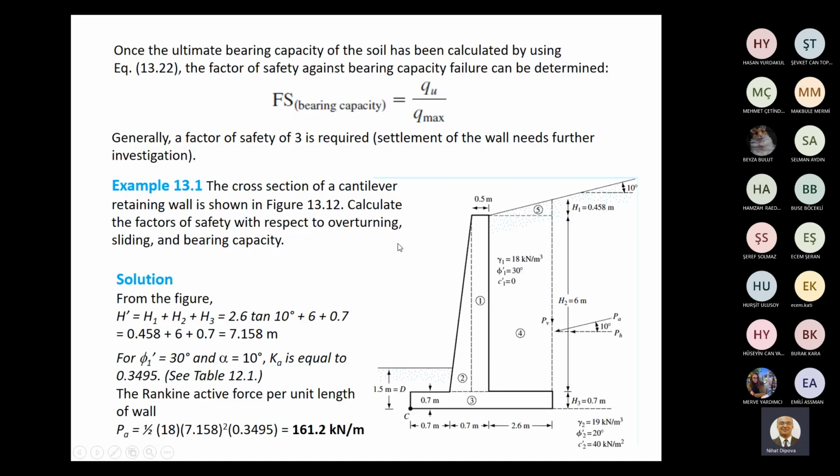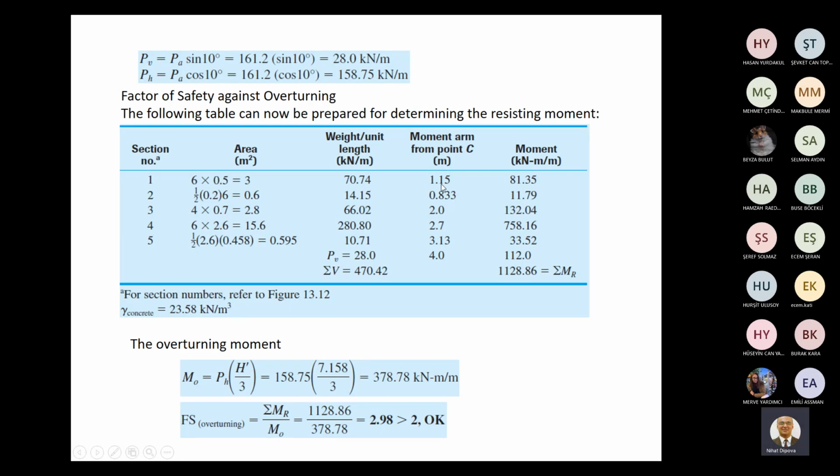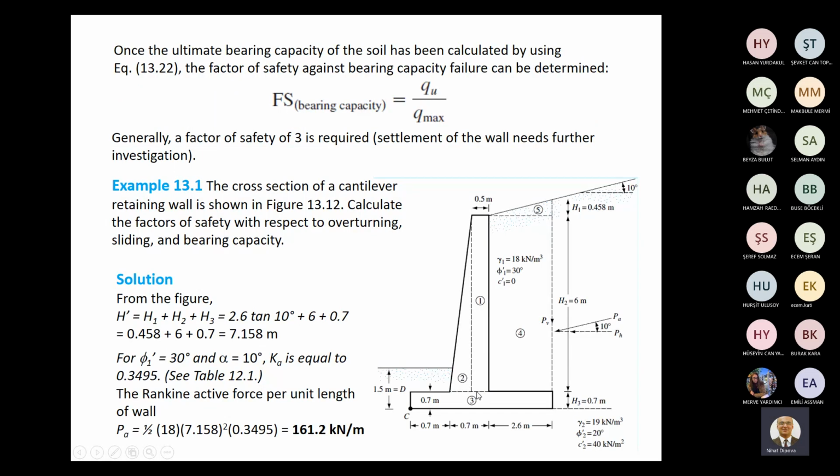We need to find moment arm because it's rectangle, and weight will apply at the center. 0.7, 0.7, total is 1.4, 1.4 minus 0.25, and the moment arm will be 1.15.